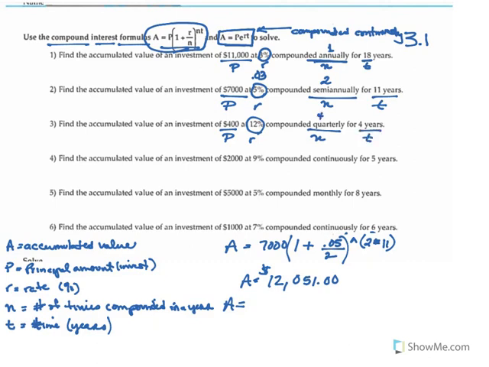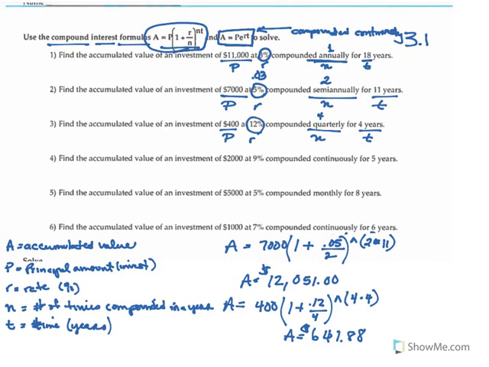And then the number of years is T. So we're looking at 400, open parentheses, 1 plus 0.12 divided by 4, close parentheses, caret 4 times 4, close parentheses. $641.88 is what we get. So you just go through, and they're going to give you all the information and the formulas. You just have to know what to put where.